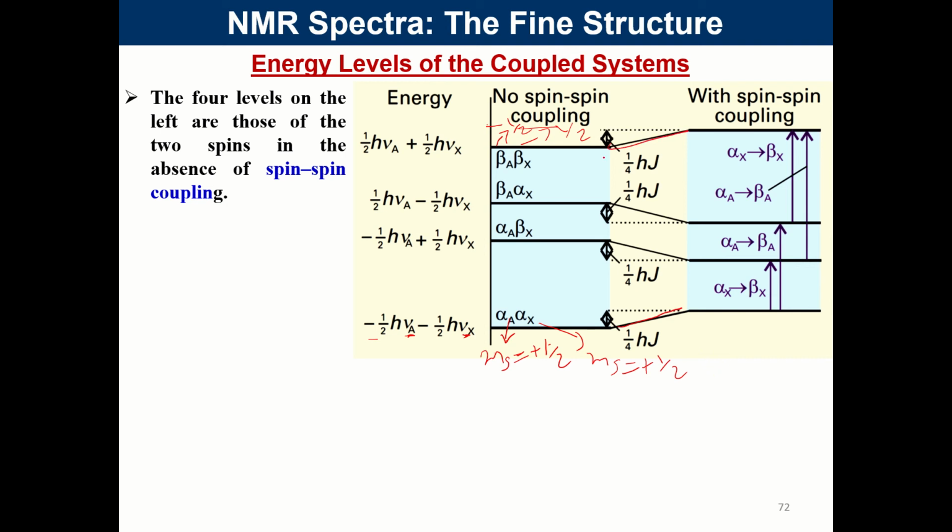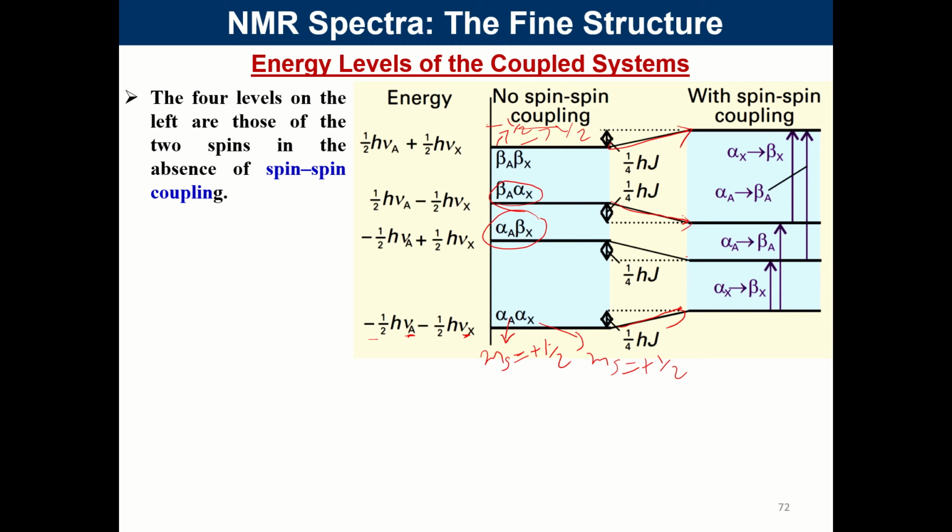You can see this happening. So this is the level that now you have. And in all other cases where alpha and beta states are mixed, due to the coupling, this interaction is lowering down the energies. So in totality you will have four such interactions possible.